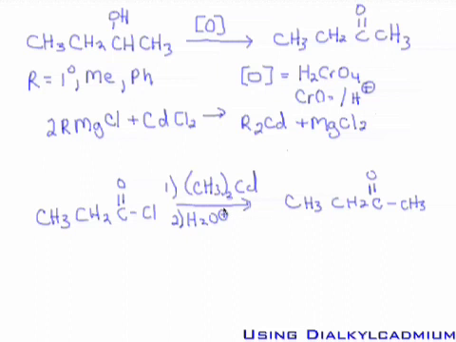Diethylcadmium. Now, this is often used in conjunction with acid or water, but often you'll just find it written over the arrow like this. And dimethylcadmium would add a methyl, the CH3 minus would go on. Cadmium is restricted in its size as to the groups you can put around it.